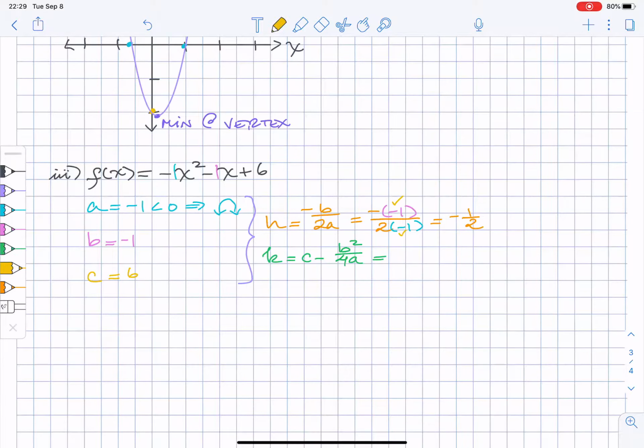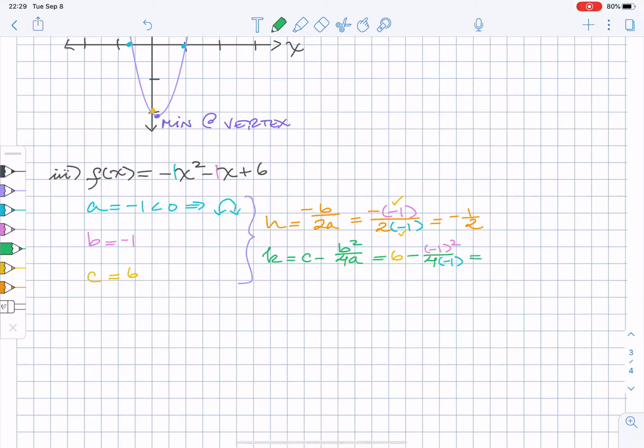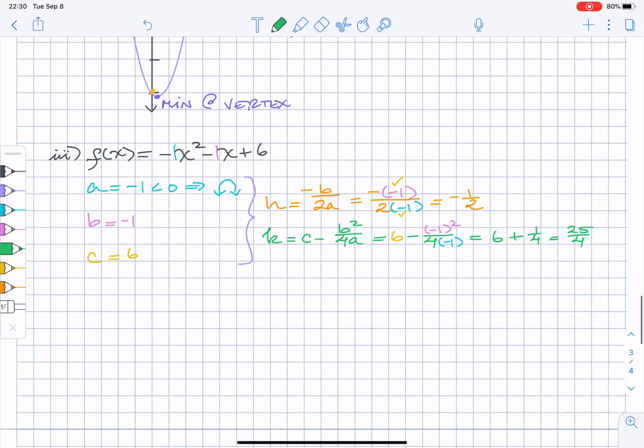So for us, that's going to be 6 minus the quantity -1 squared all over 4 times the quantity -1. So this is going to give us 6 plus 1/4, because we have two negatives. So that's 25/4, which is a little over 6.25, right?